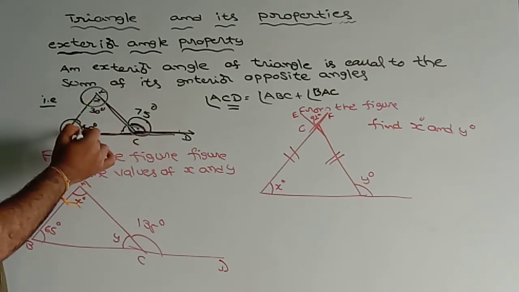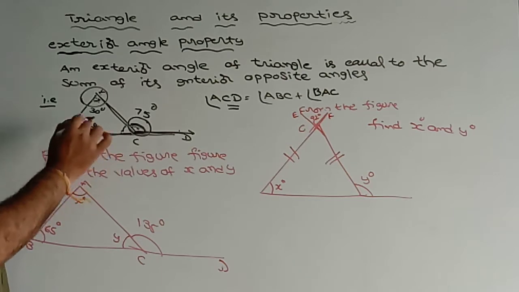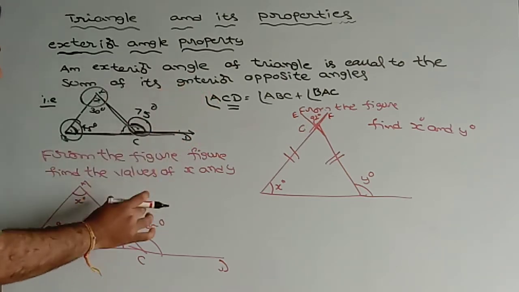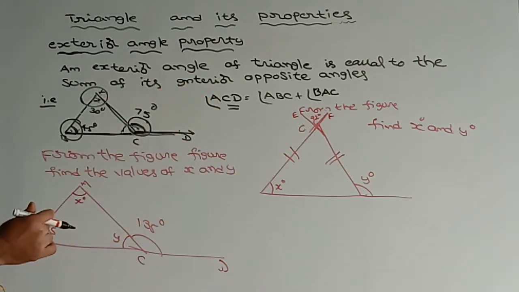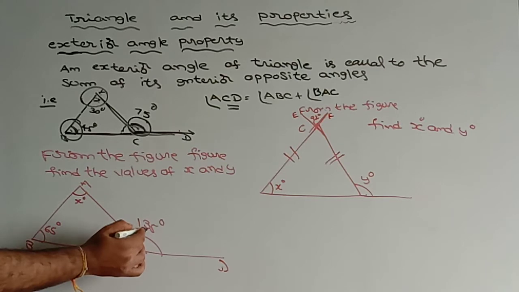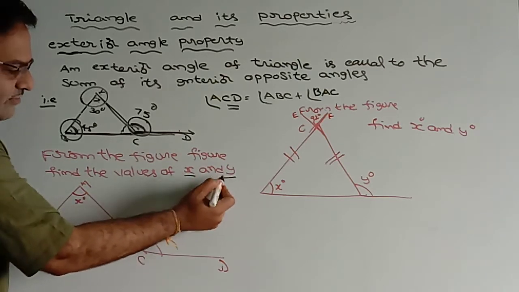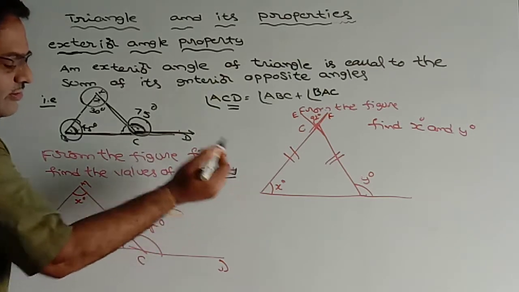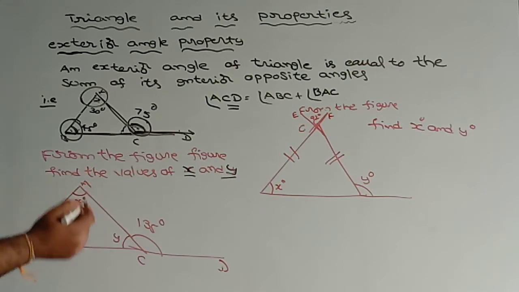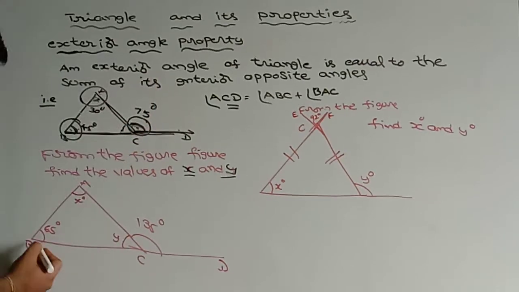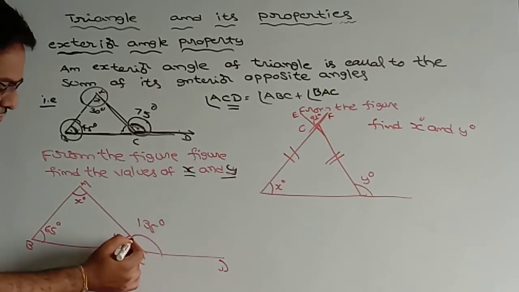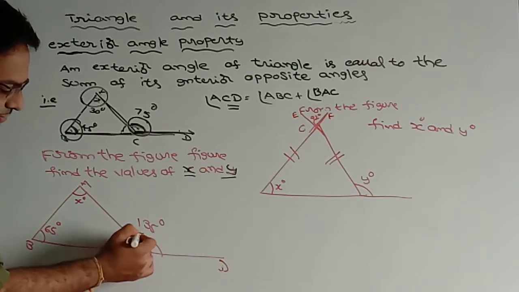Exterior angle property means any one side is produced, then that exterior angle is equal to the sum of the opposite interior angles. In the same manner, here two problems are given. Once you observe, how to solve? Here x degrees, 65 degrees, here y, here 135 given. Find x and y. How to solve them I just explained. Here BC is produced, then here some angle will be formed.